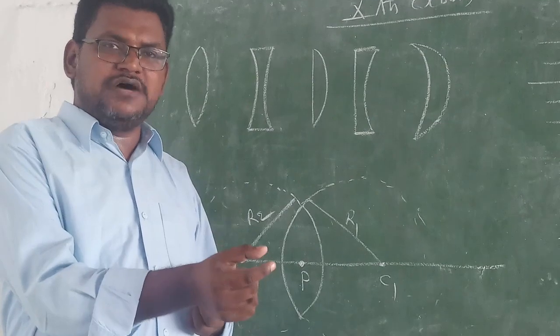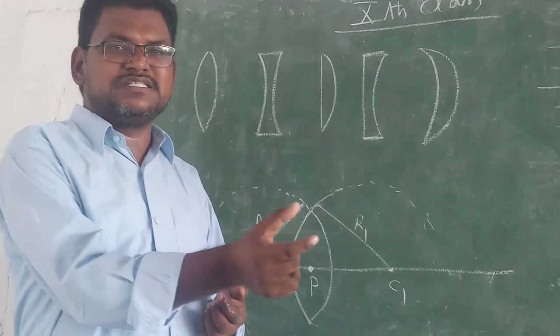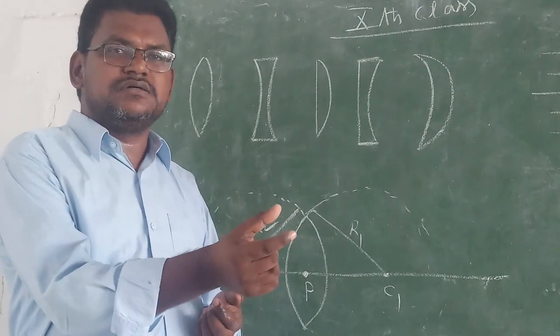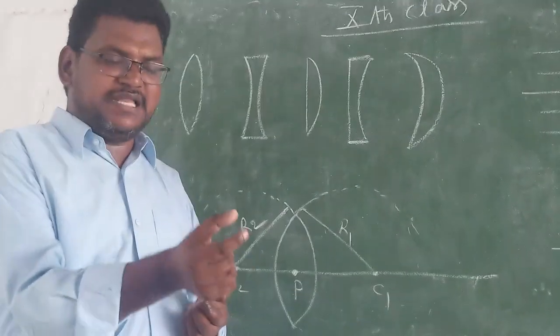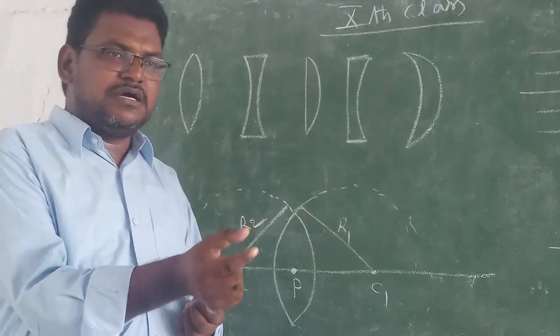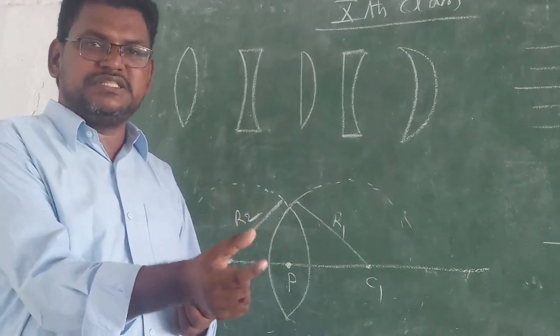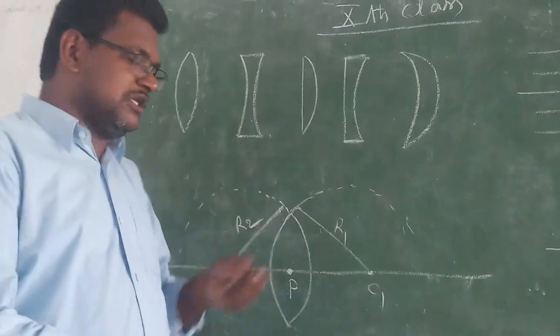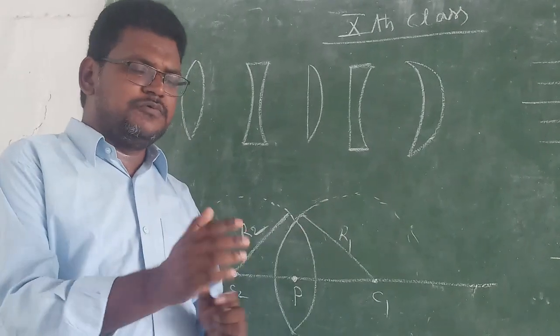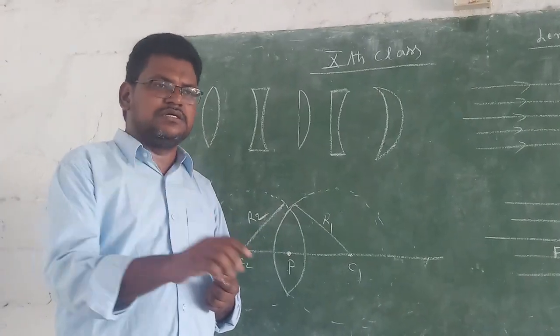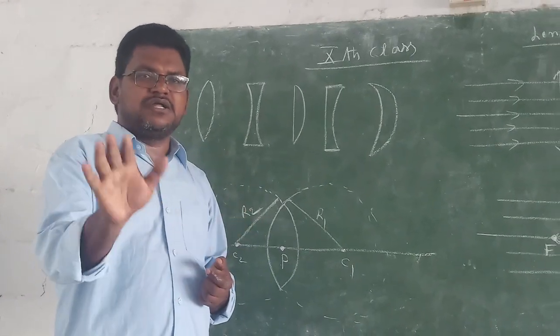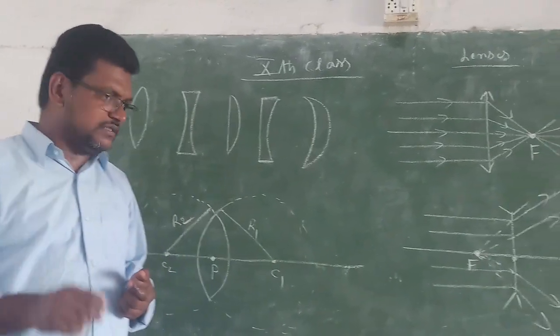If at the middle of a lens it is thin and at its edges it is thicker, that is a concave lens. In this way we can differentiate which is a convex lens, which is a concave lens, and which is a plano convex, which is a plano concave, and so on.